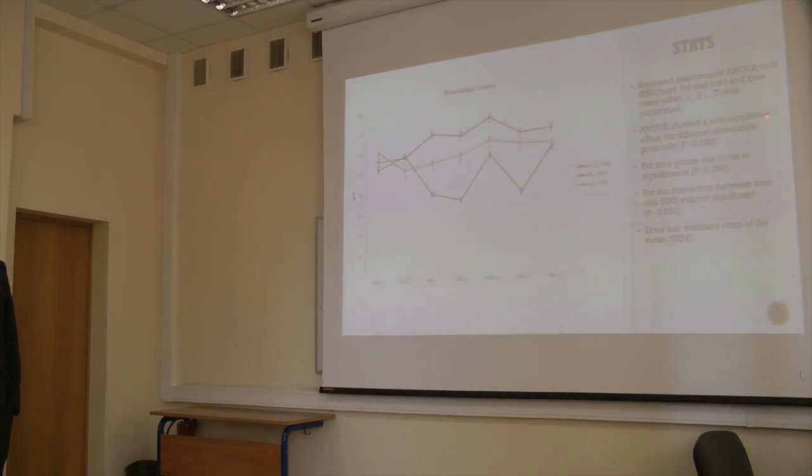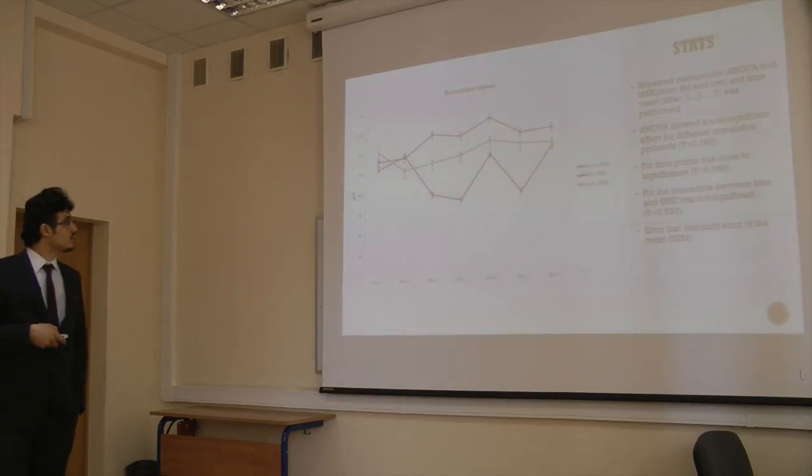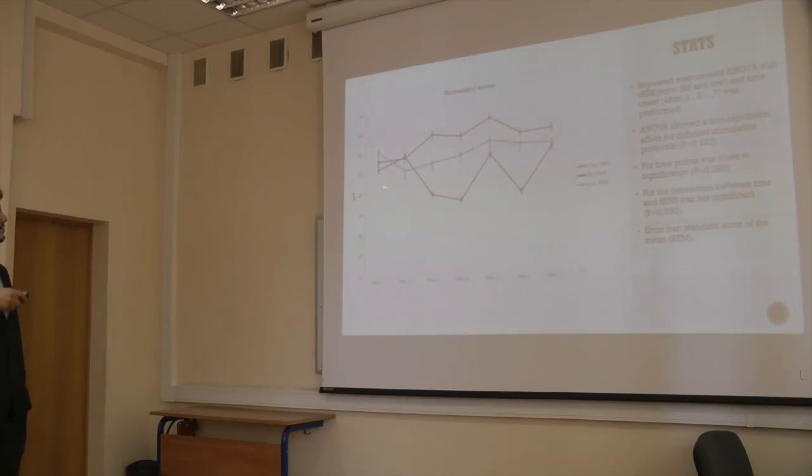ANOVA showed a non-significant result for different stimulation protocols, it was like 0.1, but we were close to significance for time points, and the interaction between time and TRNS was not significant.